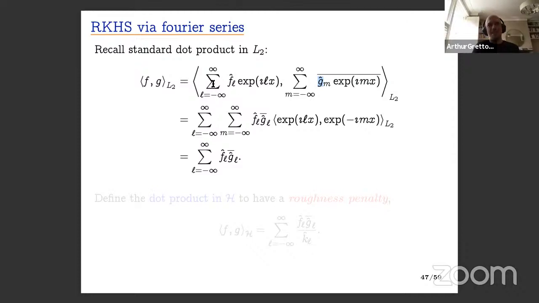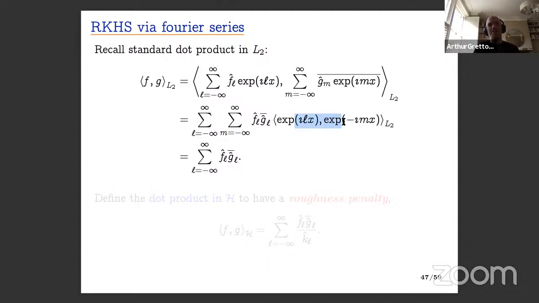So basically, because a dot product is linear, I take the sums outside the dot product, and then I get the sum of f hat L and g hat M, where I've flipped the imaginary part, e to the iLx and e to the minus iMx. Now, here we remember that these functions, e to the iLx and e to the minus iMx, where the minus sign comes from the bar, form an orthonormal basis.